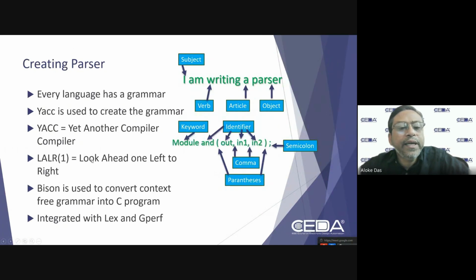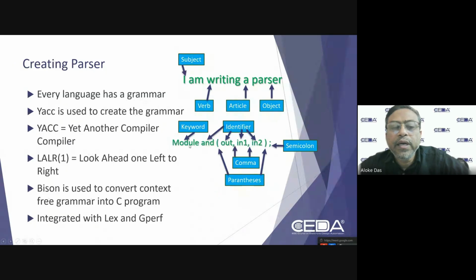And what it can do: LALR(1). One means look ahead one, left to right. This compiler creator will read the text from left to right, and it can look ahead one token. All these are tokens.